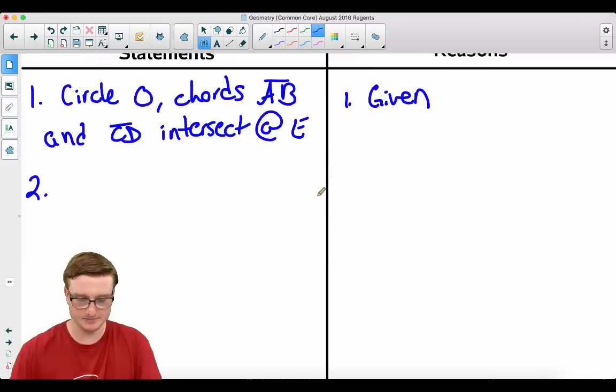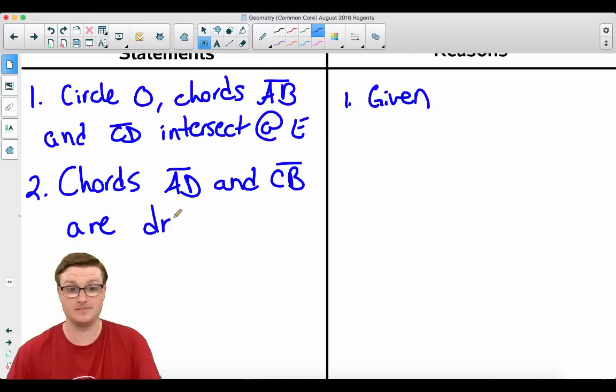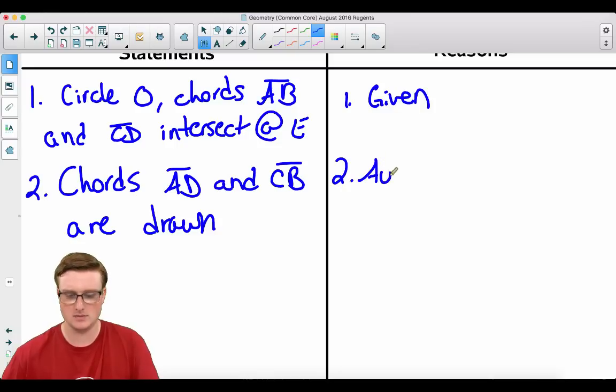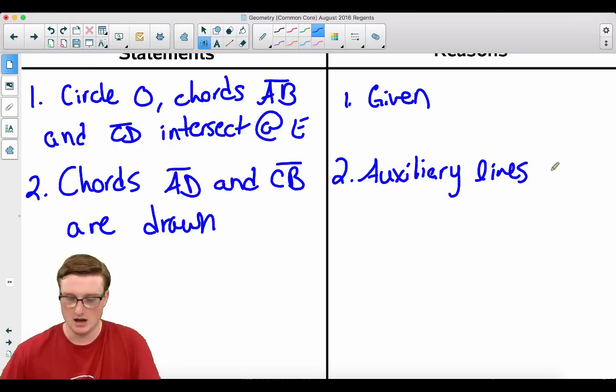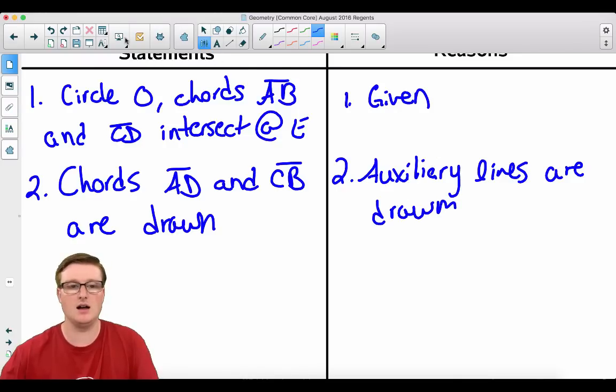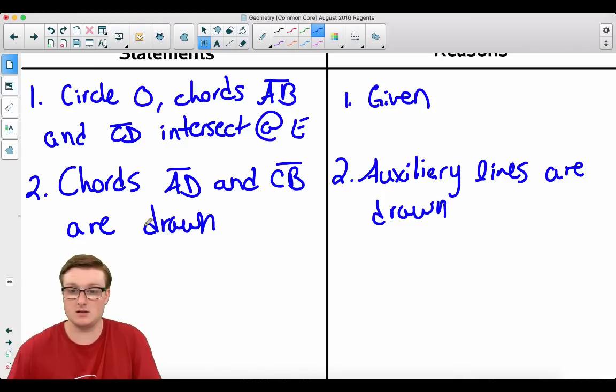So I'm going to say that chords AD and CB are drawn. And your reason is kind of interesting. Auxiliary lines. Yeah, I know. That's kind of a weird tongue twister. Auxiliary lines are drawn. Or in other words, random lines are drawn. But auxiliary lines are drawn.